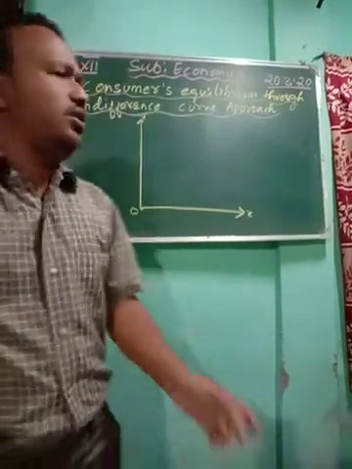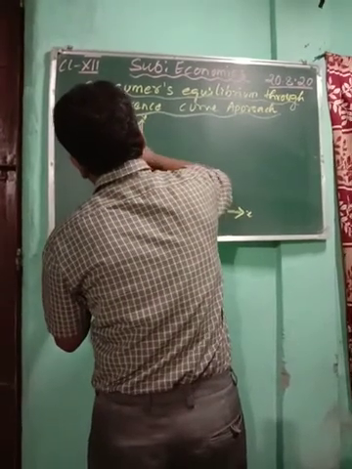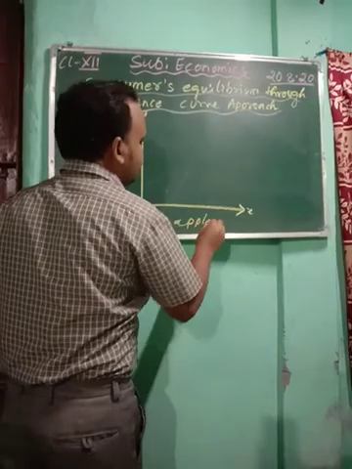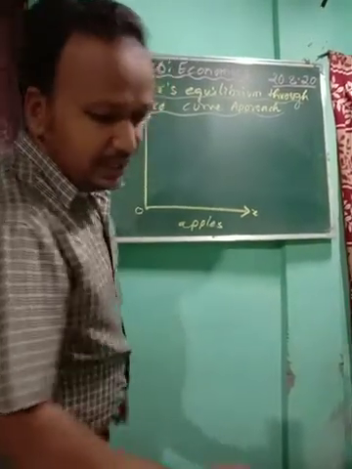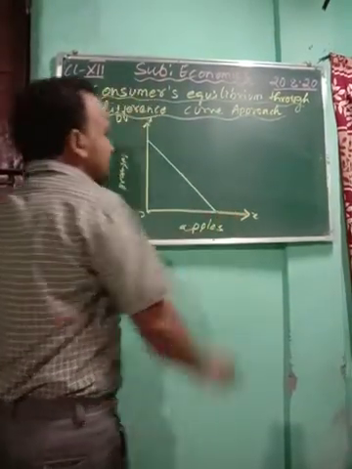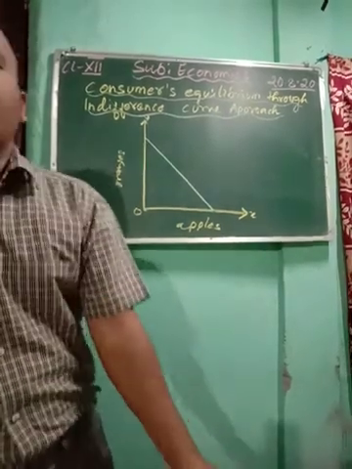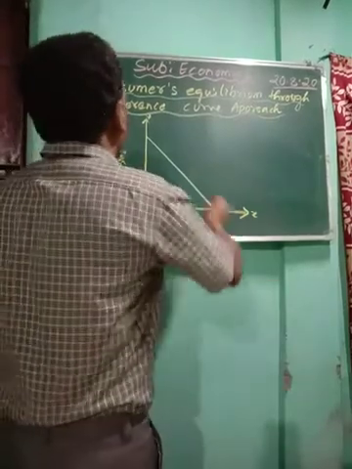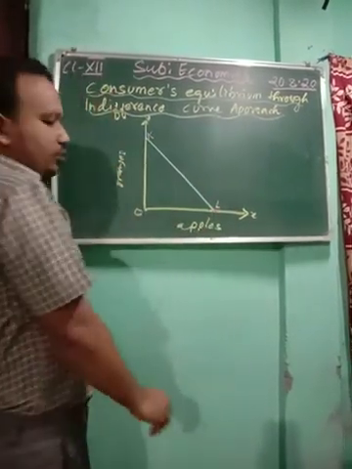So here, same thing, you write oranges here and apples here. Now you have to draw a budget line. This is a budget line, and you can give it any alphabetical name.